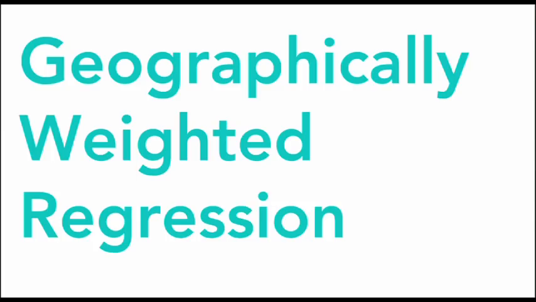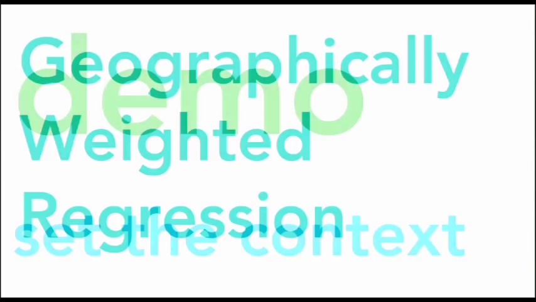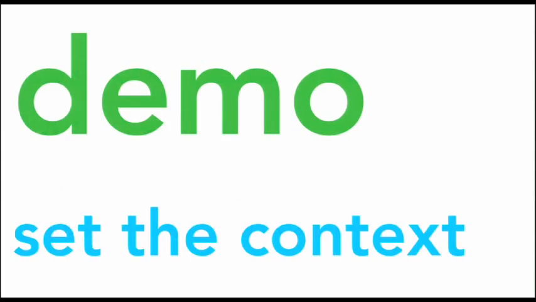So we'll talk about geographically weighted regression too. Before we jump into this, we're really going to talk about regression analysis all in the context of an example. It's a demo scenario using real data that we're going to use to walk through the whole regression analysis process. So to start, Flora is going to set the context for the analysis that we'll be using the whole time.